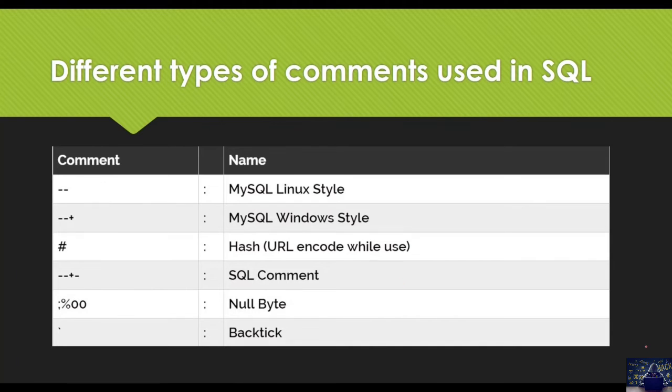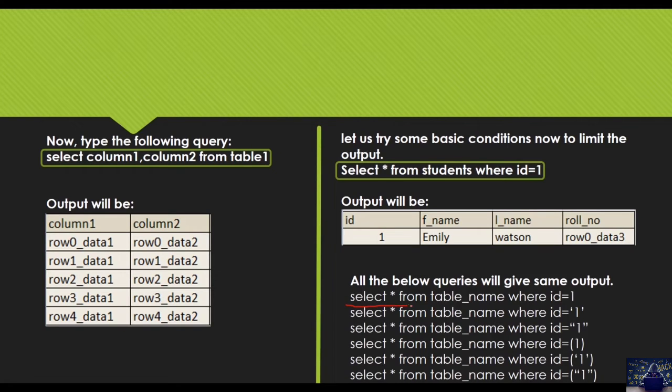We will learn the different types of comments used in structured query language. These are the following methods via which we can comment out a query in our SQL injection. Let's look at an example. Suppose you want to insert this query in your web application and fetch the data, then definitely there is some other code that is running after this query.